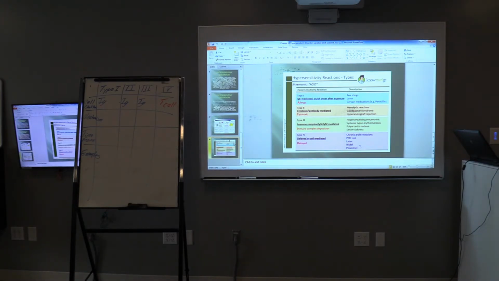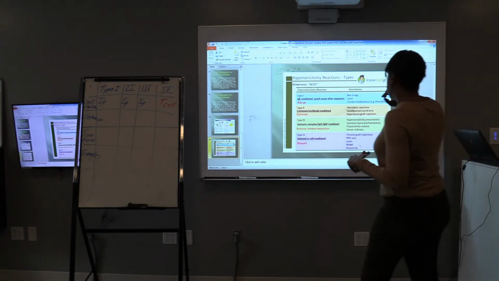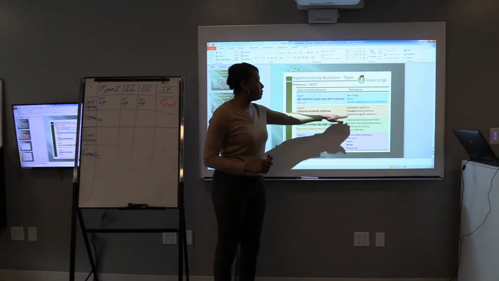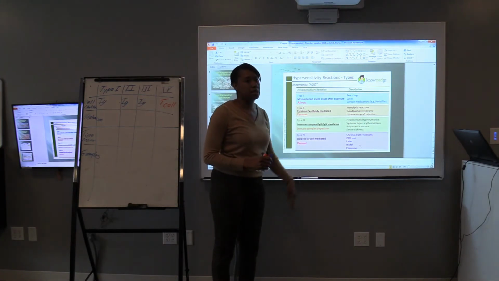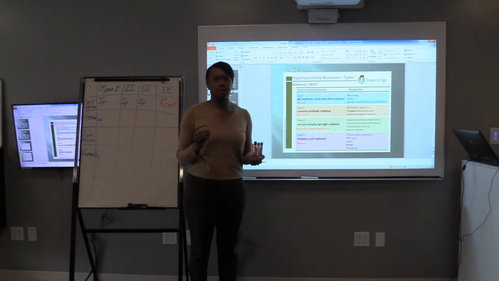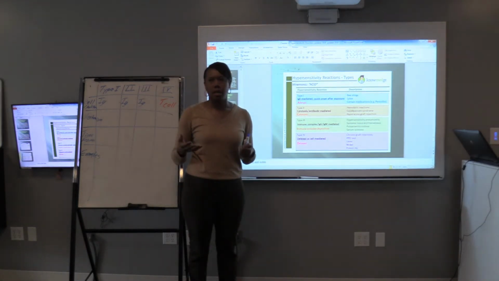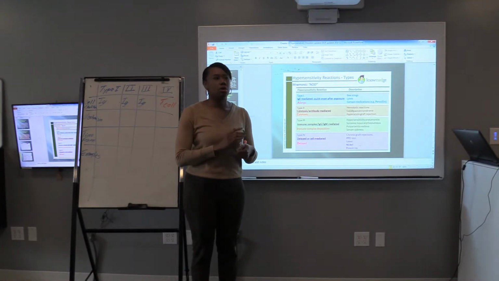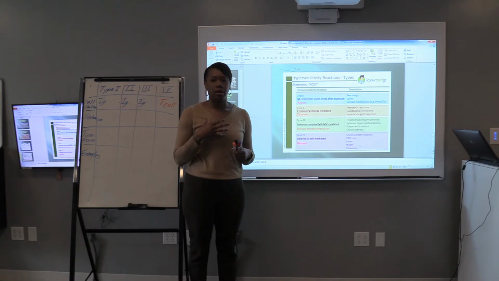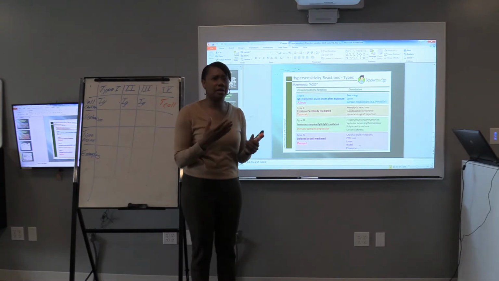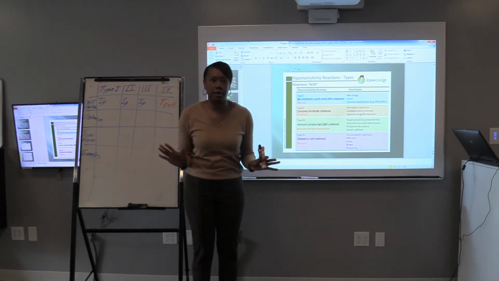This one I like because it has a mnemonic with it. One thing I just want to point out, if you notice, latex allergies fall under type 1 as well as type 4. That is true because with latex allergies, it just depends on how it reacts in that person. It can be one or the other. Sometimes it can be a delayed hypersensitivity, or sometimes it can be more of an anaphylaxis when they inhale it, and those are the more severe ones where people can't be around any kind of latex.